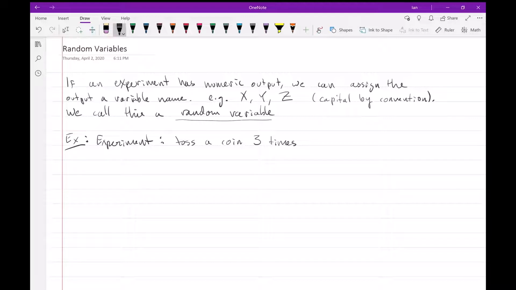There's obviously lots of different things you could observe and assign a number to, but in this example, let's take x equals the number of heads. All right. And so this is a number, so we can assign to it a variable, and it's a random variable because it's the output of some random process, right? So x is a random variable.